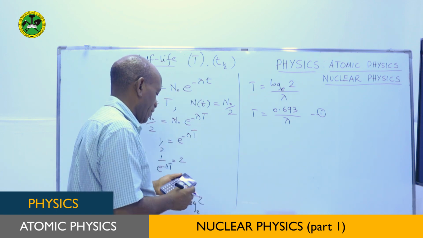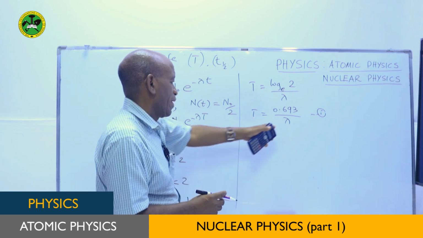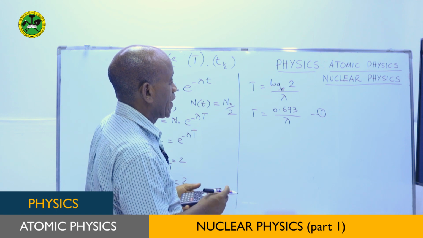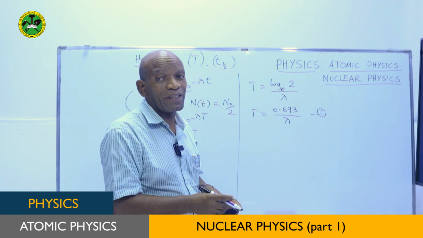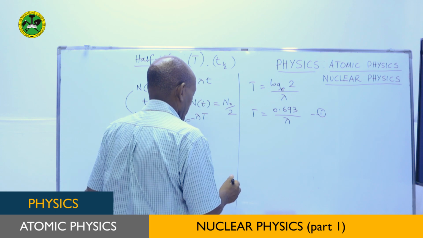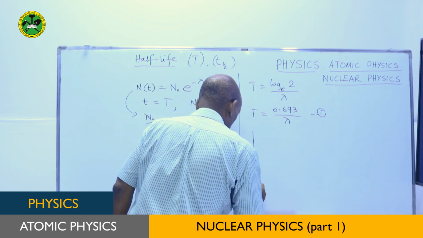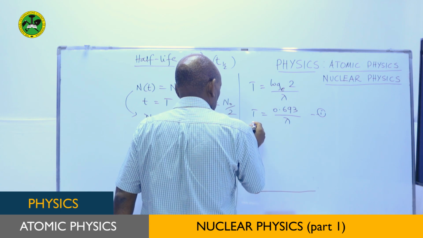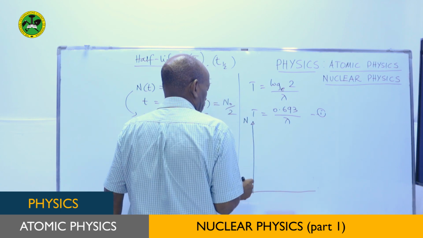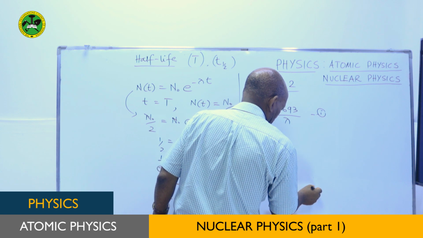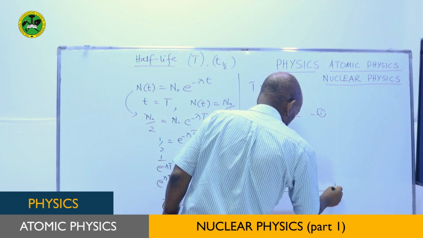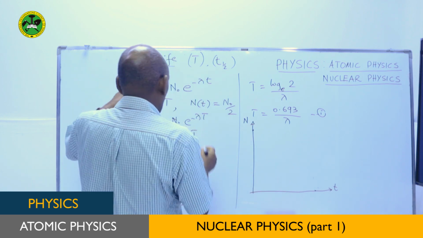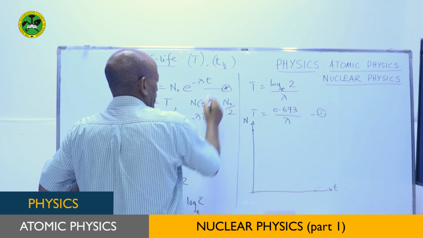Now, having obtained this, where the lambda there is the decaying constant, what does it mean? It means that if we are talking about a radioactive sample decaying, if I draw the graph of the number of radioactive samples versus time, this particular decay is exponential according to this equation.